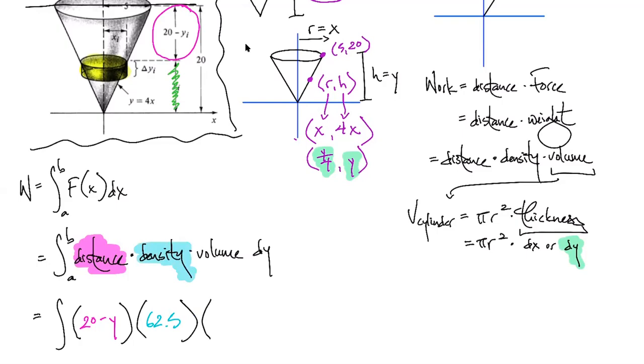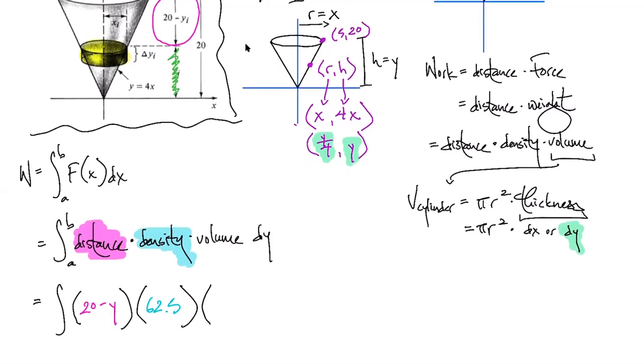All right, last up is our volume. So for our volume, we can use pi r squared. So I'm going to put a pi, and instead of r, I could put x. What else can I put instead of r? Y divided by 4.